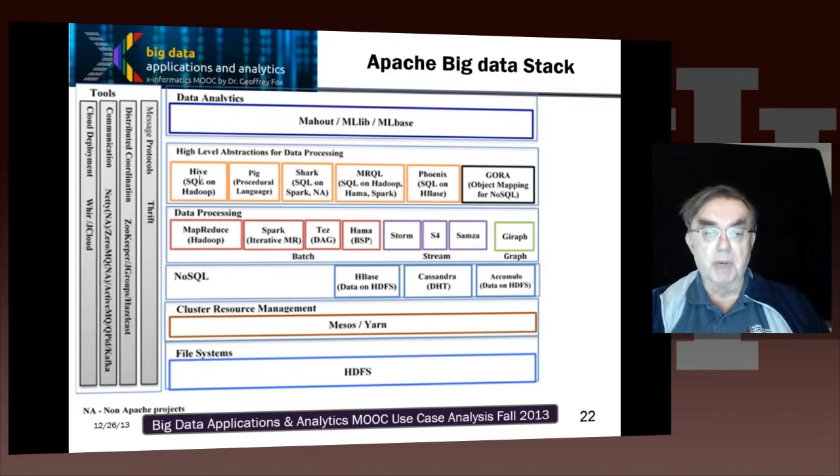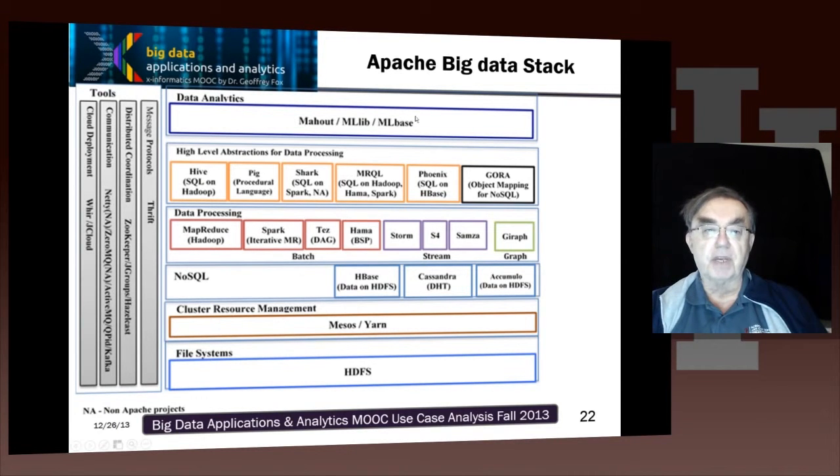Then Spark is a variant of Hadoop, iterative MapReduce. And then you have Shark as SQL on top of Spark. It's not yet an Apache project. Another SQL on Hadoop and Hama and Spark, SQL on HBase, and object stores are another way of storing data in clouds, and that's where Avro comes in. So these are high-level abstractions.